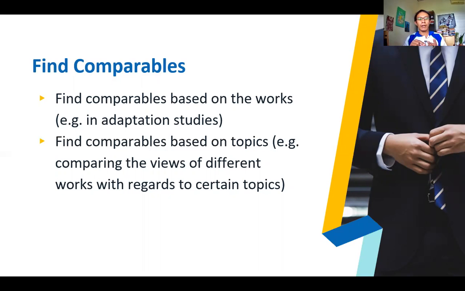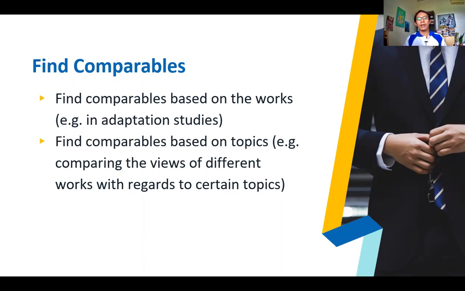You want to compare how they present the relationship between the government and the society. Or you want to present how these three works talk about nature. So you can compare how these three works tackle certain themes. So that's what you can do.